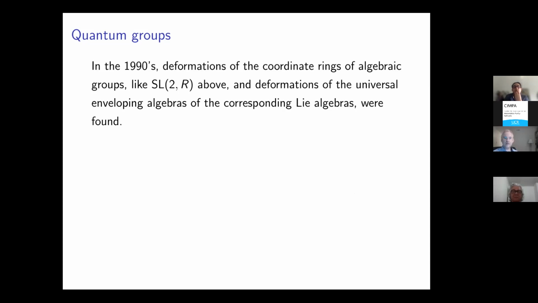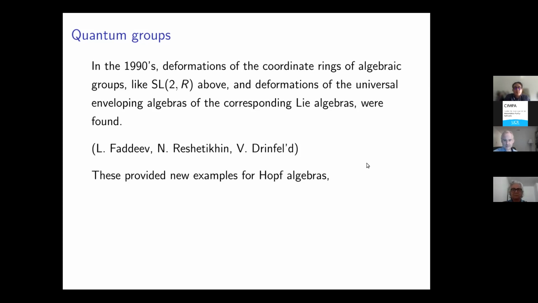These were found in particular in the work of Ludwig Faddeev, Nikolai Reshetikhin, and Vladimir Drinfeld, in the St. Petersburg school of Ludwig Faddeev, which worked on integrable models in statistical mechanics and quantum field theory. It was not so clear to them at the beginning how Hopf algebras came into play. I think Drinfeld played a key role in clarifying that. These provided new examples of Hopf algebras, the second kind of which, the universal enveloping algebras of the deformations, is pointed.